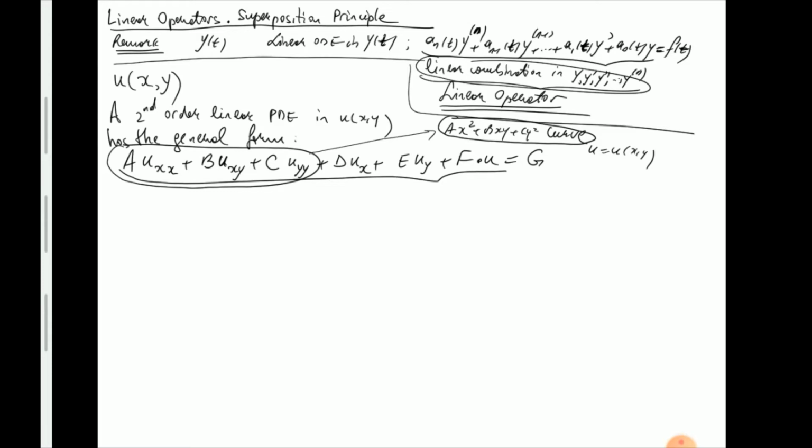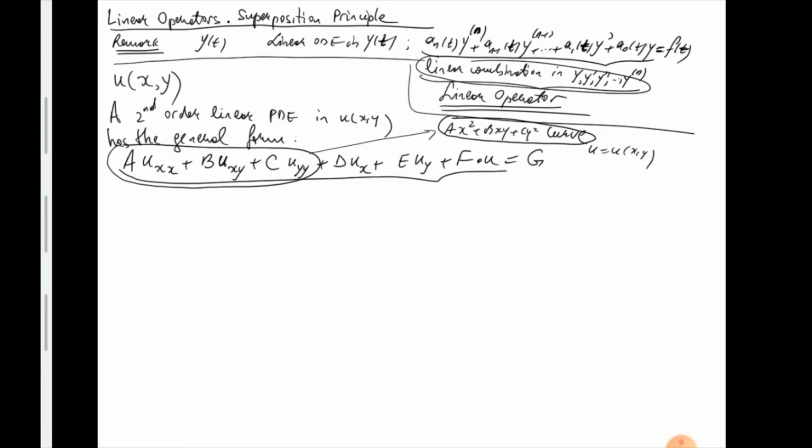This has nothing to do with the solution of the PDE. But by making this analogy of these three terms with the curve in the xy plane given by these coefficients, and that curve could be a parabola, a hyperbola, or an ellipse, then depending on the relationship of these coefficients, you have what we call hyperbolic, elliptic, or parabolic equation.